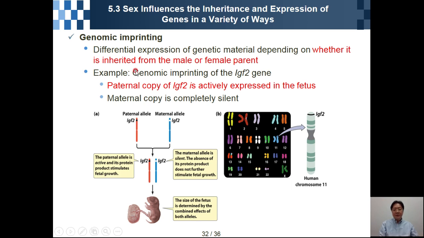A very famous example is genomic imprinting in the IGF2 gene. The IGF2 gene is located on chromosome 11. On chromosome 11, we have a short arm and a long arm, and IGF2 is located in the short arm.